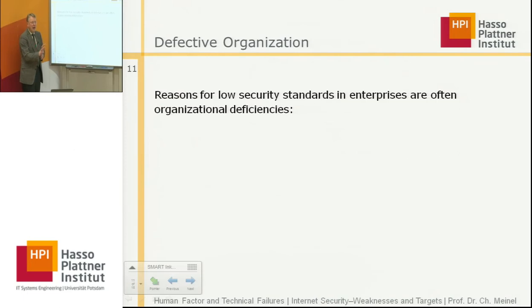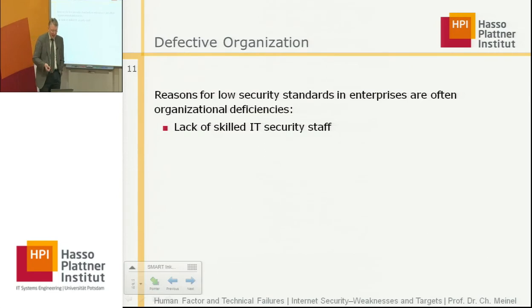Besides the human factor, a lousy organization is a reason for security problems in IT systems. So a reason for low security standards in enterprises are often organizational deficits and missing organizational structures. It starts with a lack of IT staff, a lack of knowledge of the IT staff.